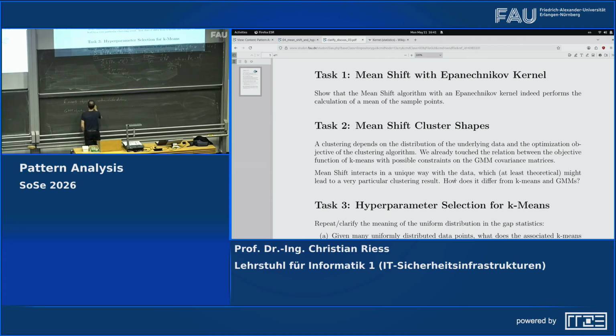So this is something like a sum of squared distances of every point to its closest prototype, or mean vector, whatever.